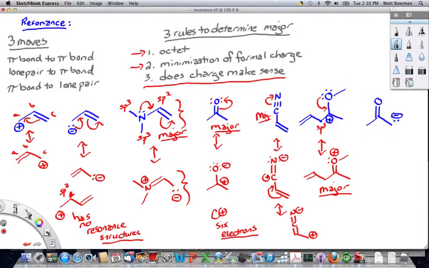This molecule here, C-, and we have an oxygen. Since we have a C-, let's start there. C- goes here, forms a new pi bond, and that kicks these electrons up onto this oxygen here. And you get a negative charge on this oxygen.